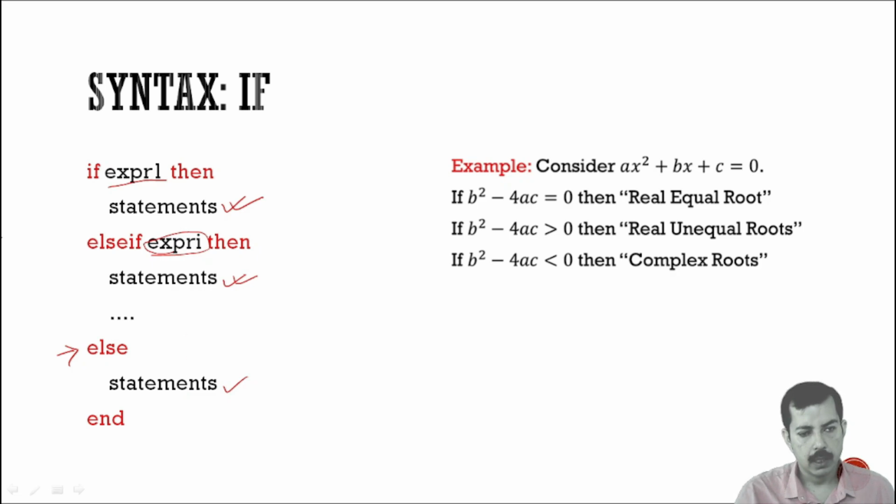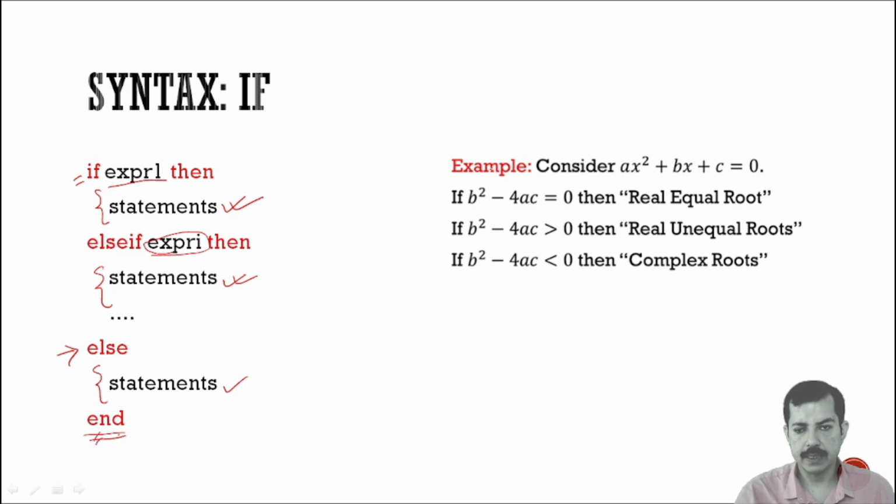Now you have to remember that this if condition statement will end with the end word. So this is the body of the first expression 1, the ith expression, and else, and then it will end here.